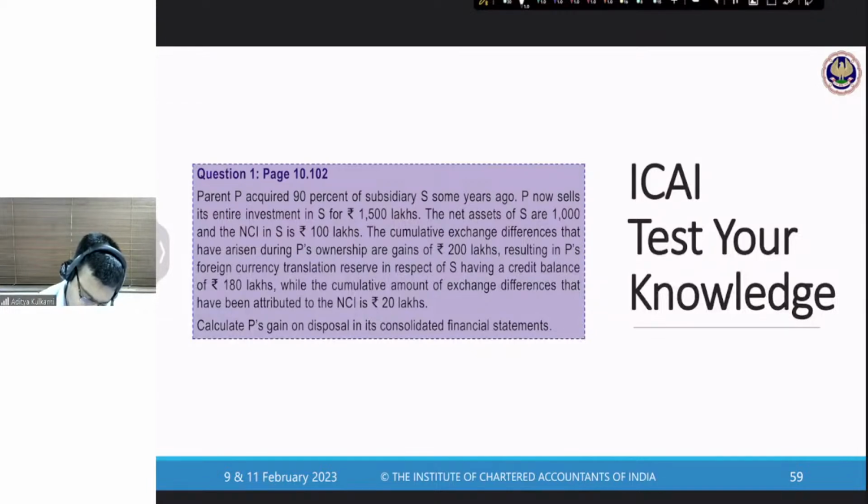NCI in S is 100 lakhs. Cumulative exchange differences are gains of 200 lakhs. This is FCTR, resulting in P's foreign currency translation reserve in respect of S having a credit balance of 180 lakhs, while the cumulative exchange attributed to NCI is 20 lakhs. Calculate P's gain on disposal.